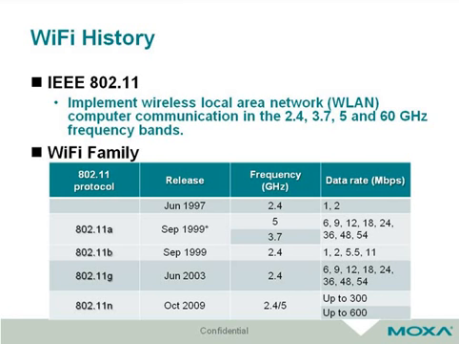At first, 11a only focused on the 5 GHz frequency, and 11b on 2.4 GHz in 1999. 11g increased the data rate to 54 megabits per second in 2003. 11n increased it up to 600 megabits per second in 2009 on both the 2.4 and 5 GHz frequencies.